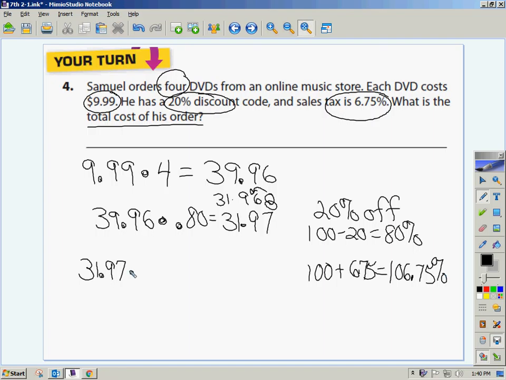So I can take 31.97. If I move the decimal 2 places, 1.0675. Got to keep track of all of the numbers that they gave us.